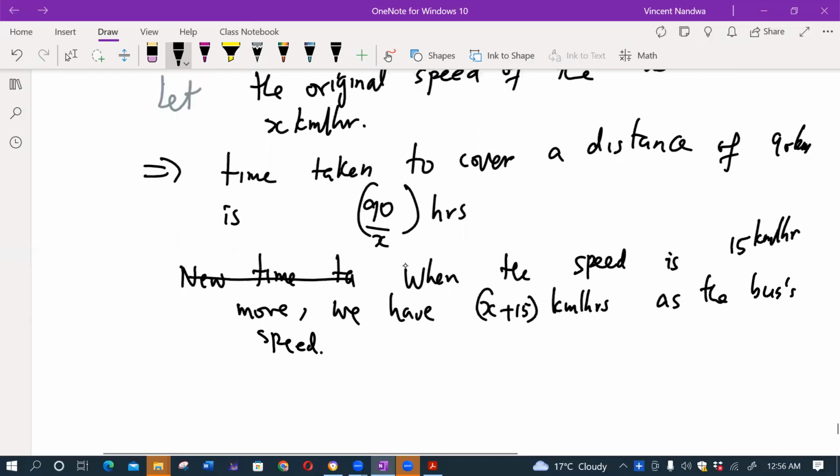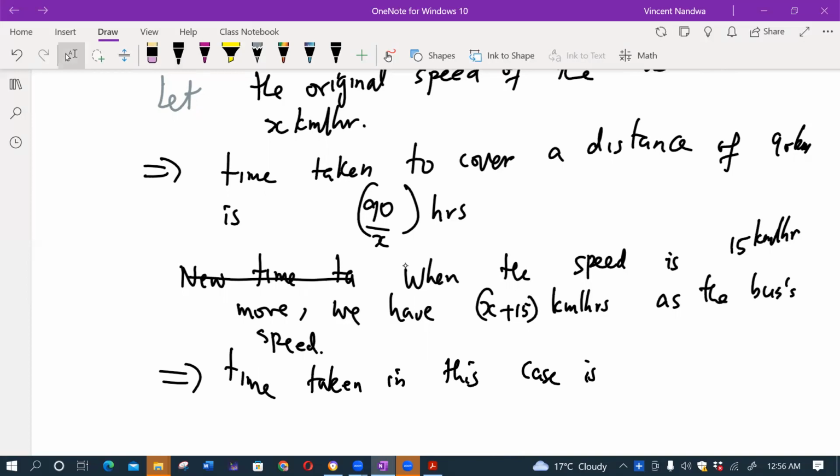So which means that the time taken in this case would be the distance, which is 90, over this speed, which is x plus 15 kilometers per hour.